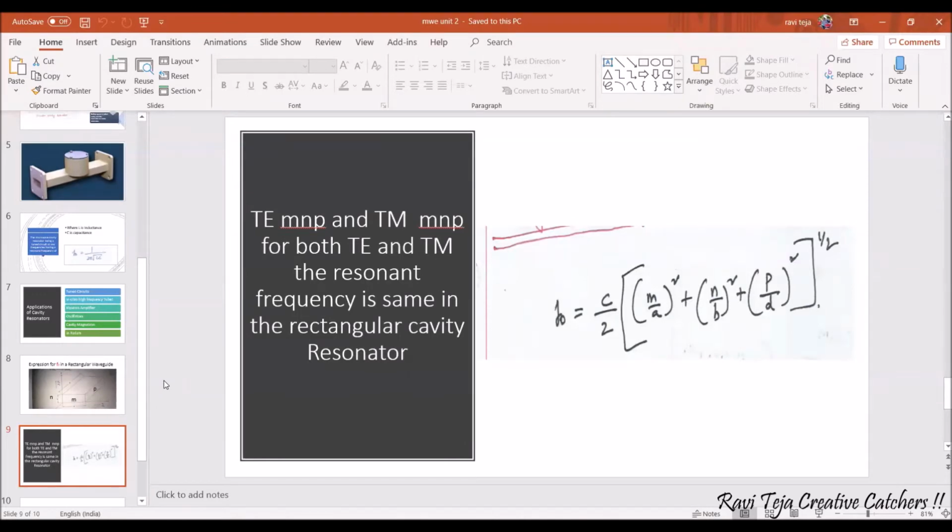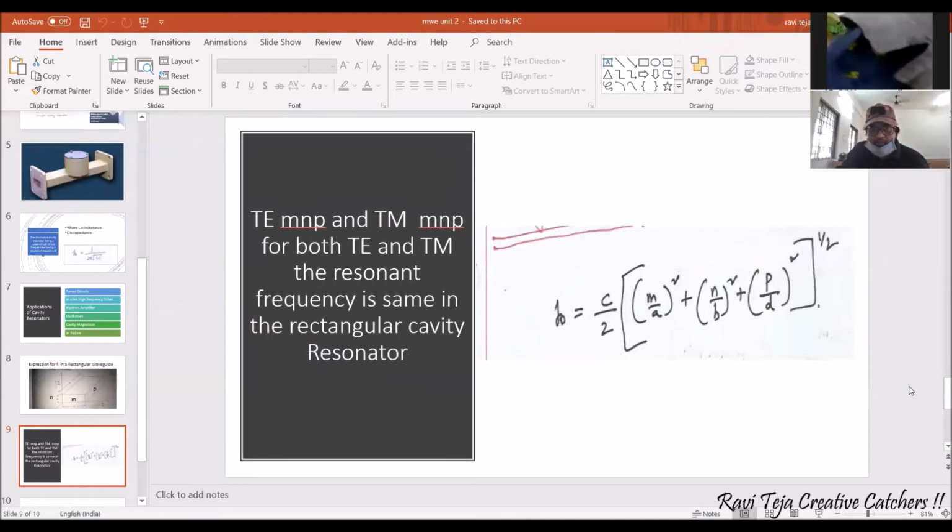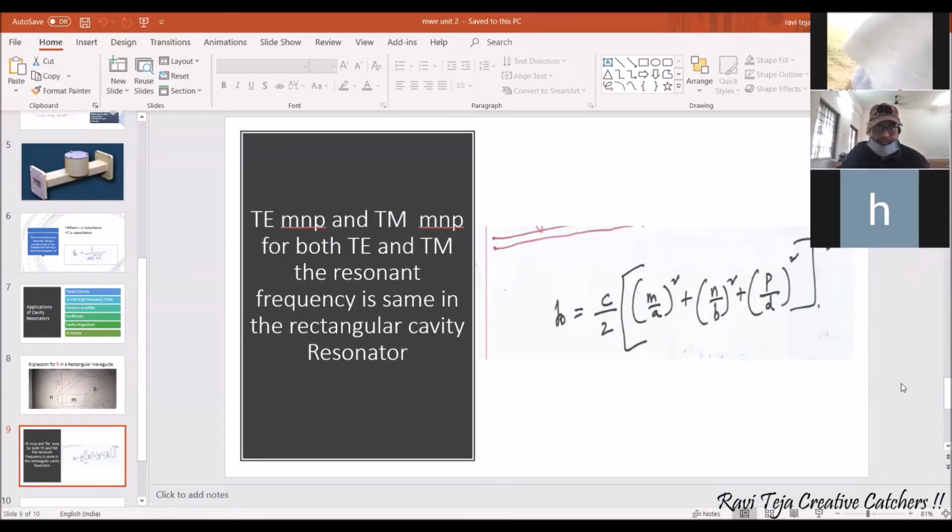Each mode has propagation modes with respect to M, N and P. In unit 1, rectangular waveguides or circular waveguides, we used to have two modes, TE and TM, with only two propagation modes, small m and small n. So here in cavity resonators, we will be having three propagation modes, M, N and P.